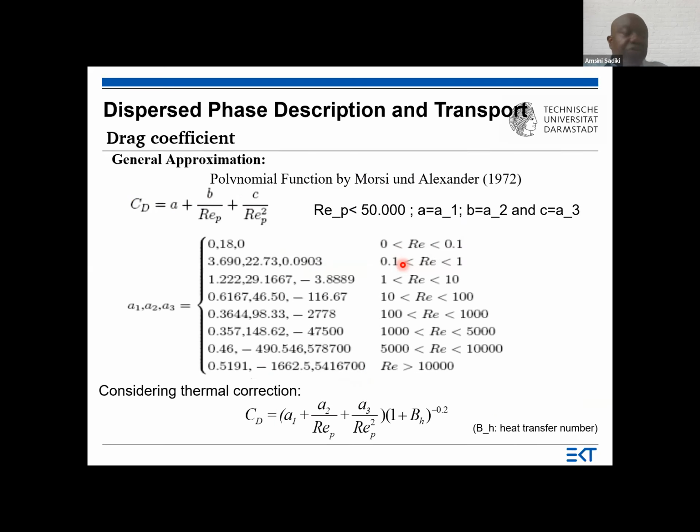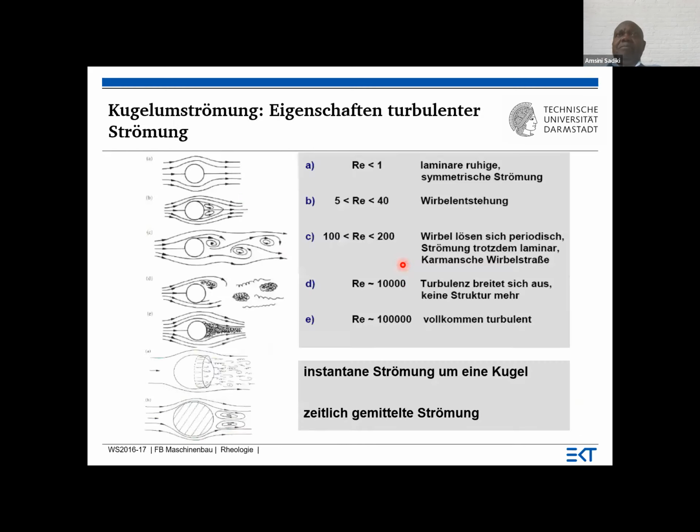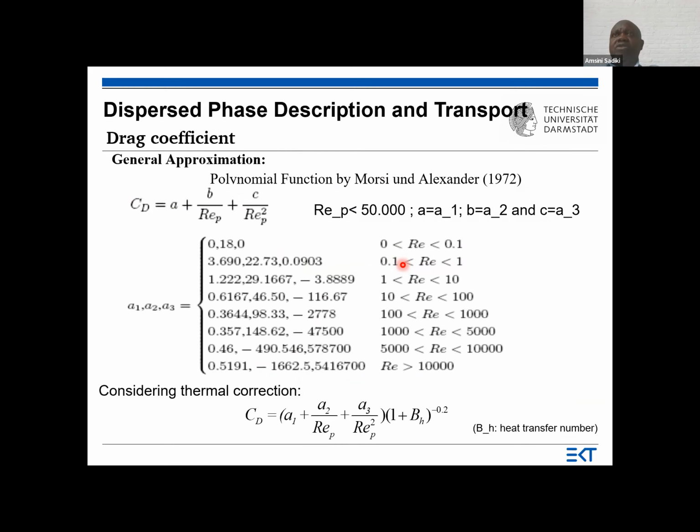People tried in the past to make some correlations for this CD. I will come back to the others, but I will put here a general approximation. We will also introduce others in some applications I will show you. But the general one is this one here by Morsi and Alexander in 1972.